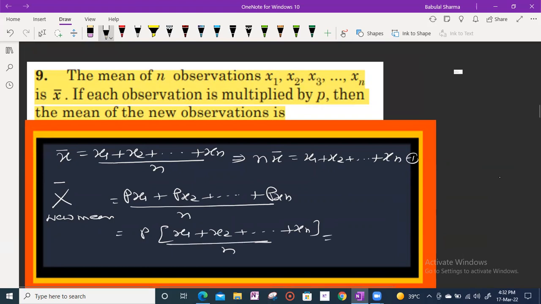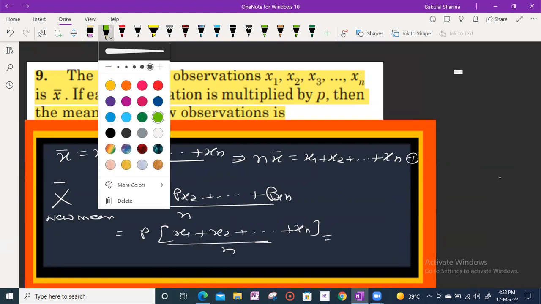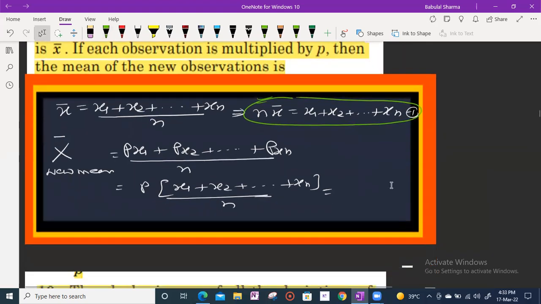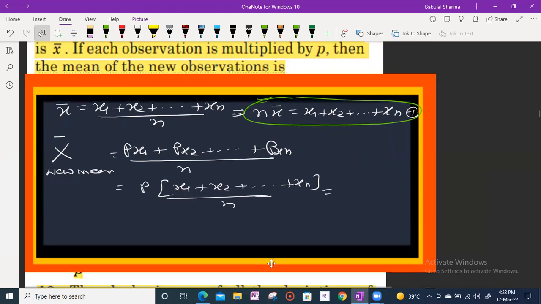So from the very first equation, x1 plus x2 plus xn is given by n x bar. So you can write here in place of that, p, and this is n x bar upon n. Because see, x1 plus x2 plus the last term xn is given by n x bar.